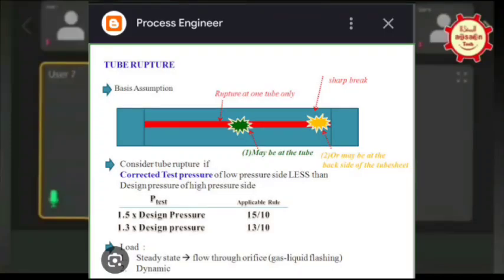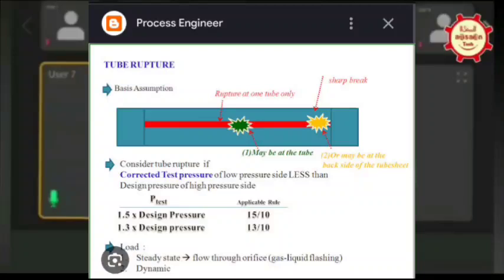So, this is for the thermal design part, no? No, actually the client says the vendor should consider the 10 by 13 rule also. Yeah, so this 10 by 13 rule is like this.